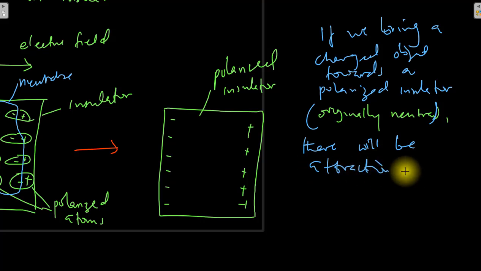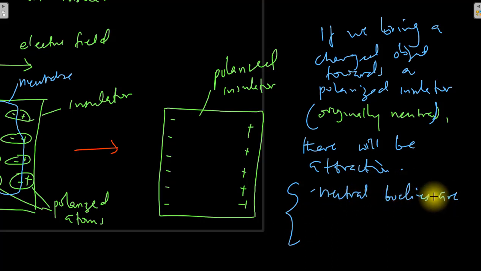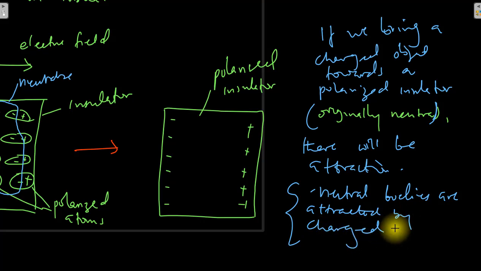And this explains why neutral bodies are attracted by charged bodies, because of the process of polarization. I'll show you an example in a moment.